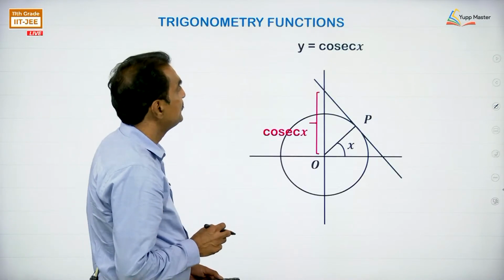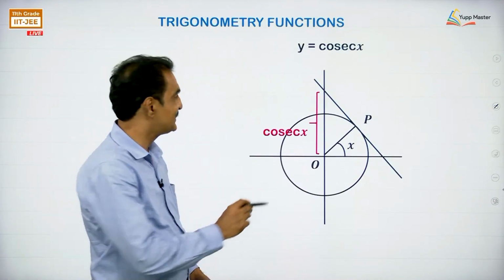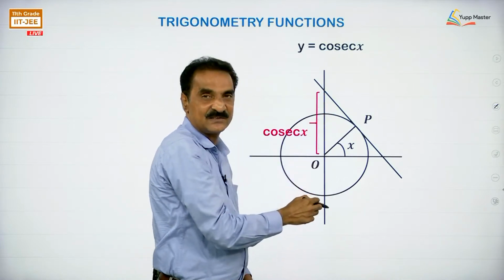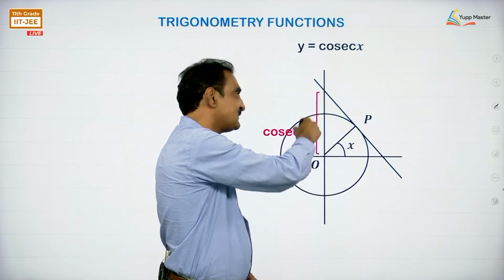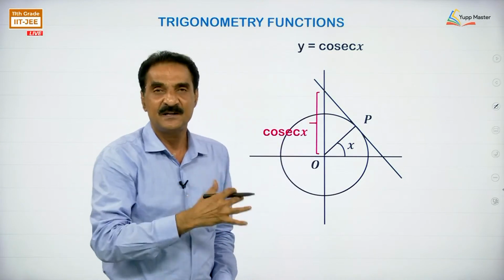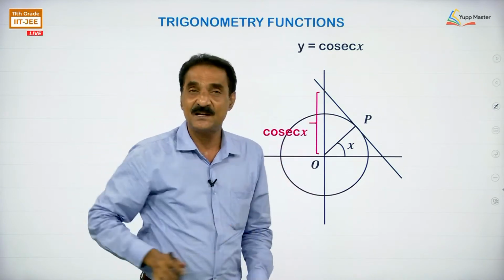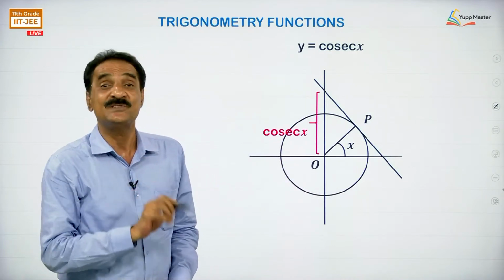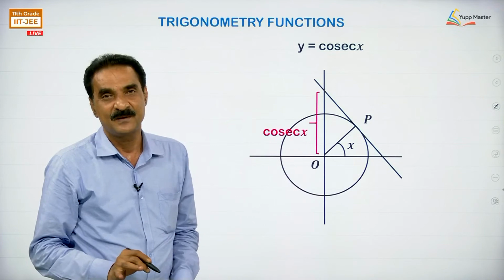Now, y is equal to cosecant x. In this unit circle diagram, this length is called cosecant x. Okay. When P is changing, this will be changing, and we get the graph using the unit circle, and the graph of secant x and cosecant x will be similar to each other.